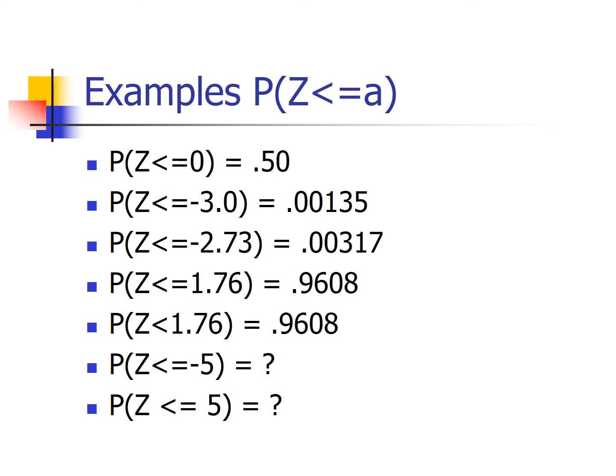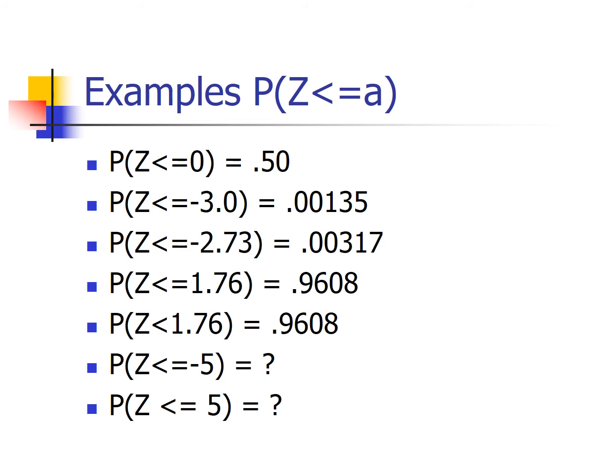It implies an interesting side fact, that the probability z equals 1.76 is 0. That is, for a continuous distribution, the probability that it equals a specific number is always 0. The probability z equals a for any number a is always 0. And one of the implications of that is our fourth and fifth bullet point. That less than or equal to and strictly less than mean the same thing. We could be a little bit sloppy with it. We could be a little bit lazy with it.